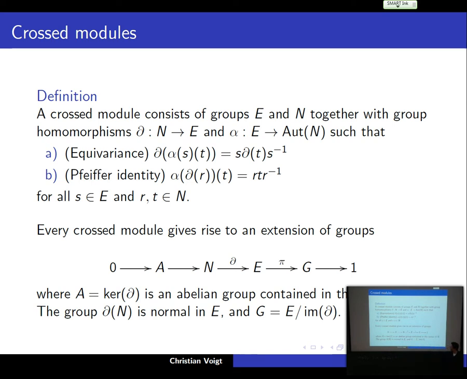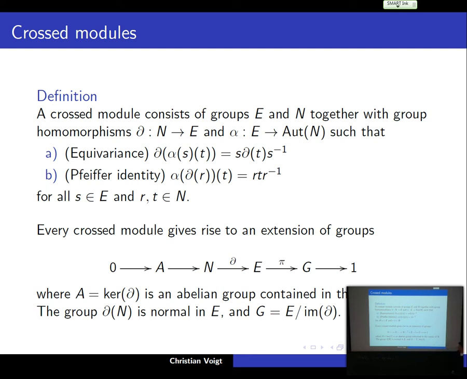Using these two conditions, you see that the kernel of partial is an abelian group to begin with, and it sits in the center of N. The image of partial of N is a normal subgroup in E, which follows from equivariance, and therefore you can take the quotient.